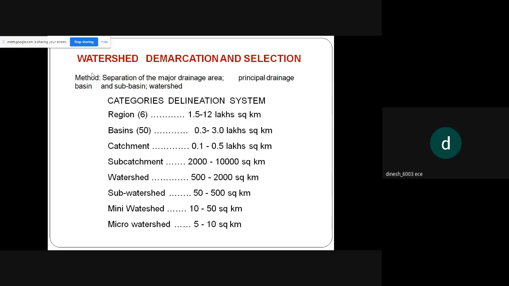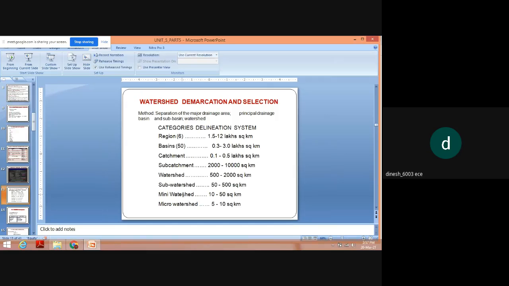If it is 2000 to 10,000 square kilometers, it is subcatchment area. If it is 500 to 2000 square kilometer, it is watershed. We can consider that itself. If it is 50 to 500 square kilometer, it is sub watershed. If it is 10 to 50 square kilometer, it is mini watershed. If it is 5 to 10 square kilometer, it is micro watershed.